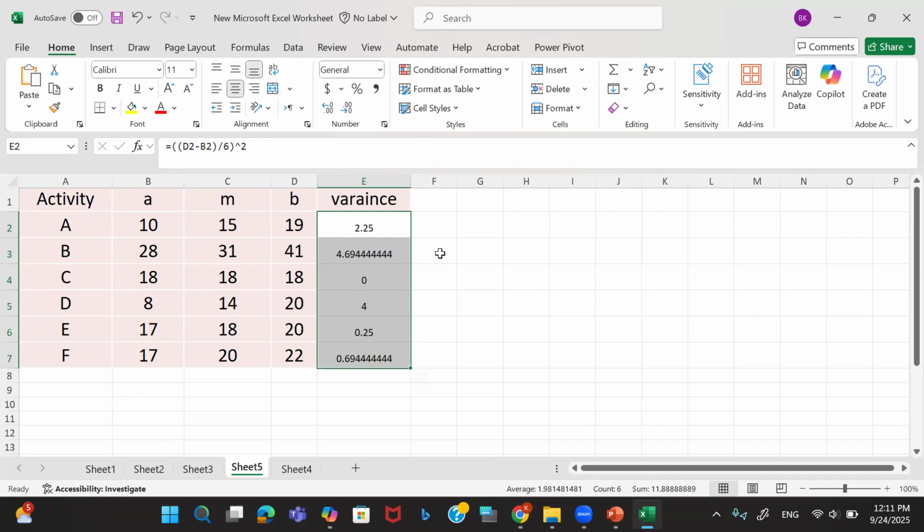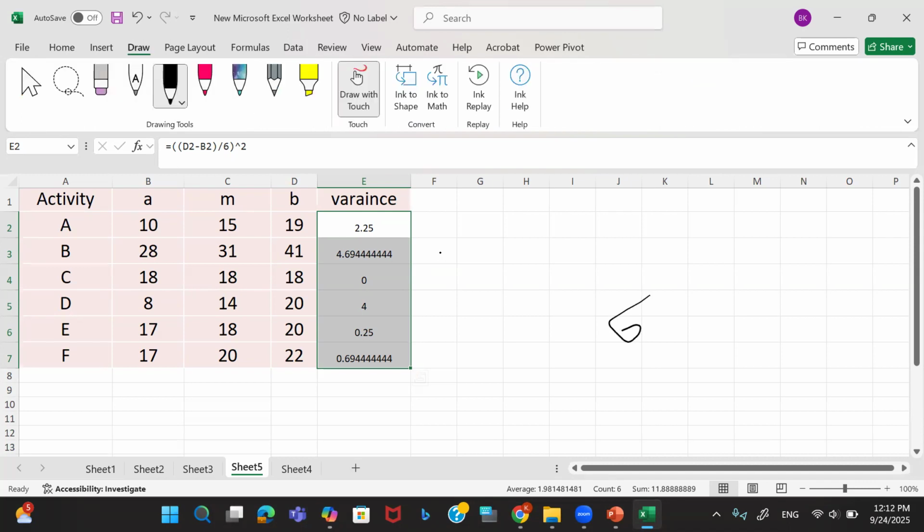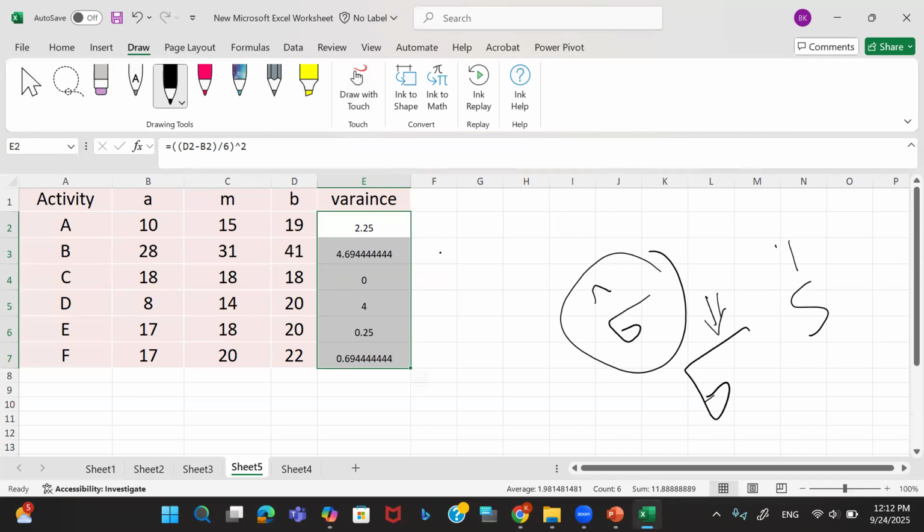To be able to answer this question about the variability of the project, you need to calculate what we call the standard deviation, because in statistics we use standard deviation, sigma or S. We said sigma is the standard deviation for population, S is the standard deviation for a sample.